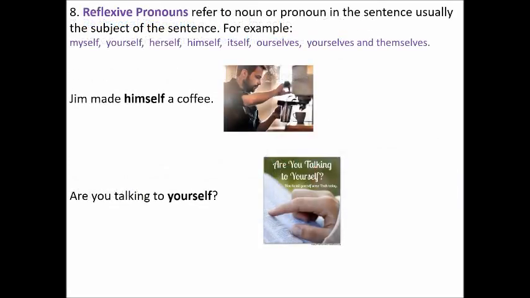Eighth, reflexive pronouns. They refer to a noun or pronoun in the sentence, usually the subject of the sentence. For example, myself, yourself, herself, himself, itself, ourselves, yourselves, and themselves. Jim made himself a coffee. Are you talking to yourself?